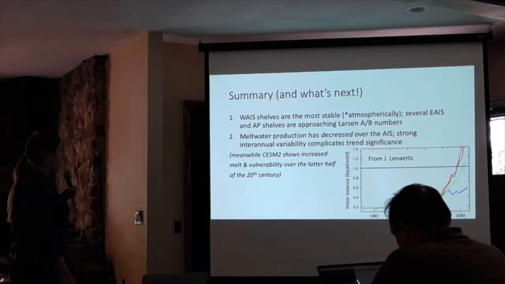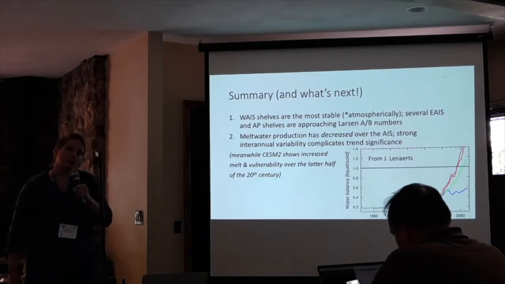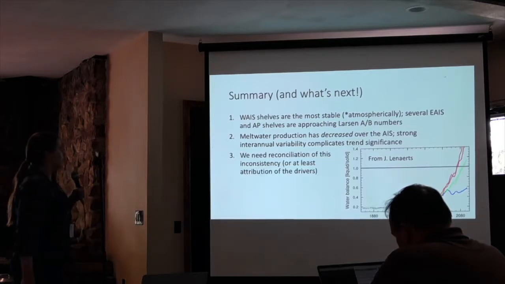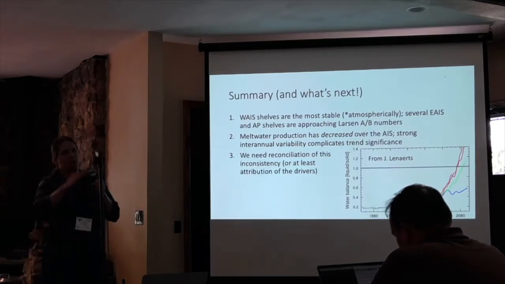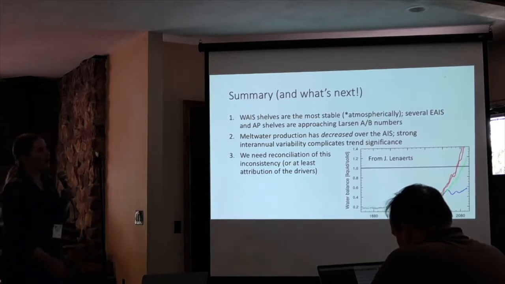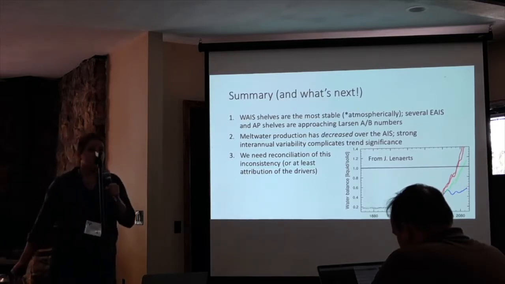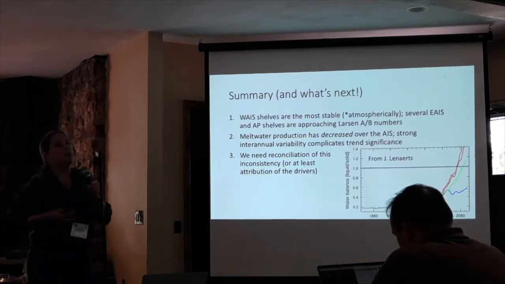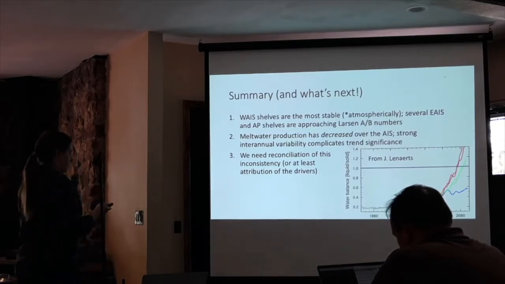So there's been a strong increase in melt in CSM2 over the same time interval that this analysis covers. So we need some reconciliation between these different models: why does one show we should be seeing an increase in melt, and the other shows a decrease? There's this inconsistency, or at least we need to understand why there is this inconsistency.